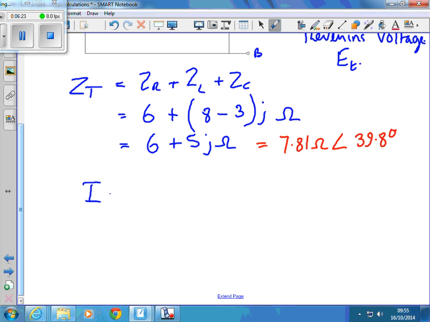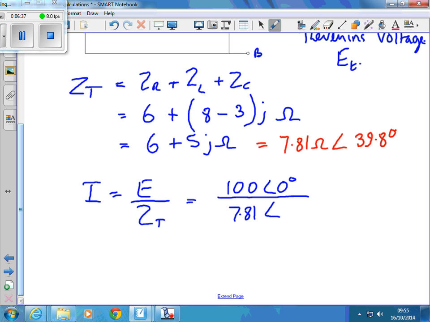I is equal to E over ZT. That's 100 angle 0 degrees over 7.81 angle 39.8 degrees. How do we do that, Jack?